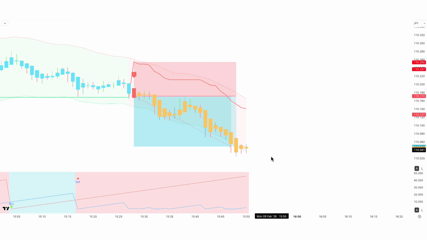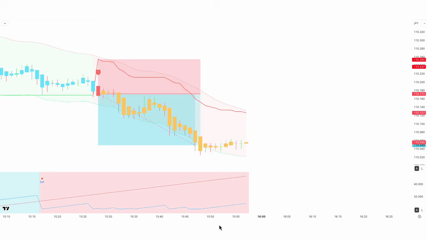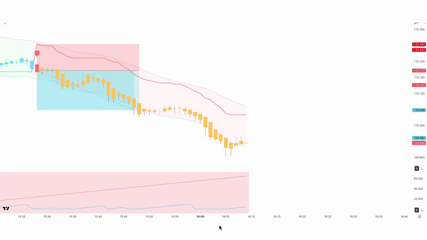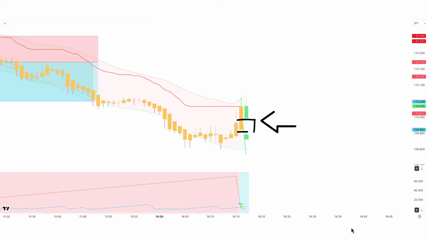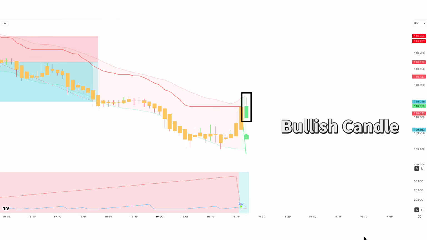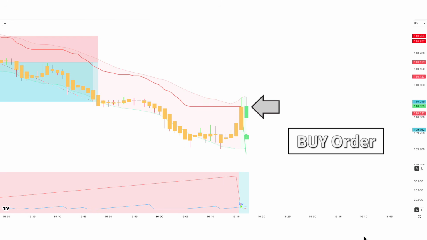Let's find the next trade. Here, the professional signals label of this indicator is buy signal. Here, the top-bottom triangle of this indicator is up. Here, market has made a bullish candle to give confirmation. So all our conditions are being fulfilled, so we are placing an order to buy.